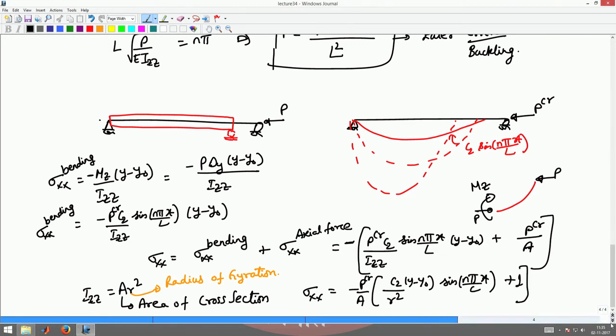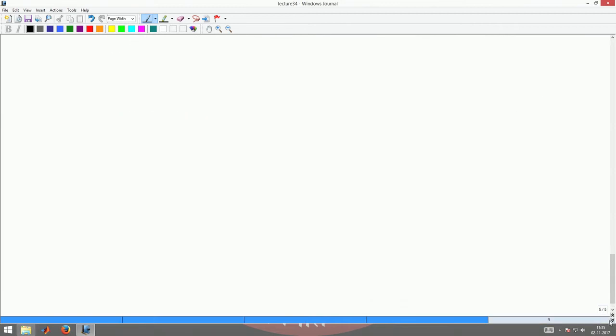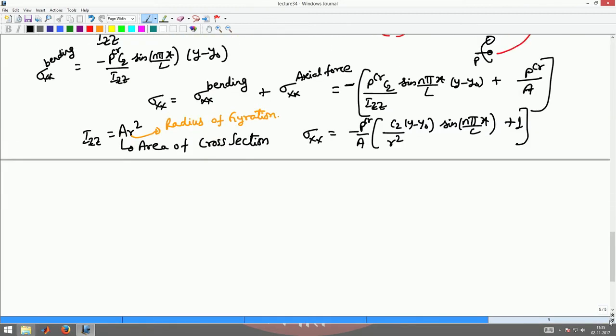Now, let us find what is the maximum stress. Sigma xx max will occur at x equal to L by 2, wherein sin n pi x by L would be maximum if n is an odd integer, assuming n is equal to 1.